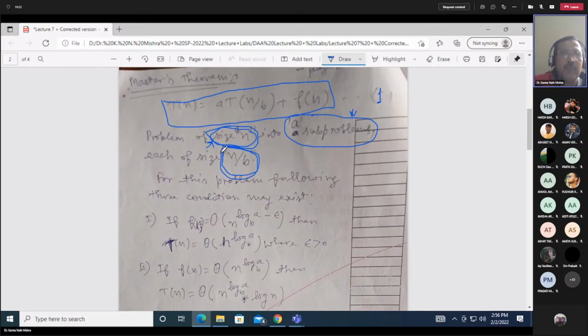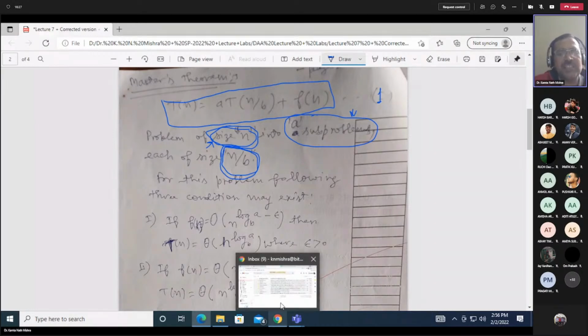Now, Pragati Misra, my question is that if I say Tn equals to 2Tn by 2 plus C, then what is the size of the problem? What is the size of each subproblem and how many subproblems?